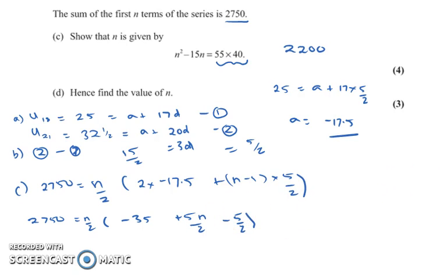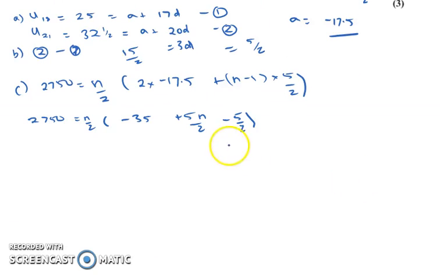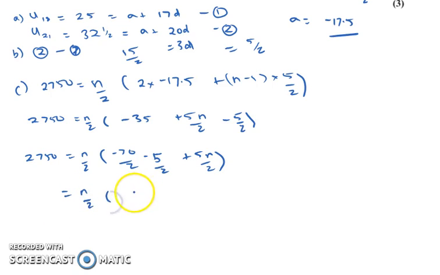Now, if we put them all over 2, this becomes 2,750 equals n over 2 times minus 70 over 2 minus 5 over 2, add 5n over 2. We've got n over 2 times minus 75 over 2, add 5n over 2. If we bring out this 2 that's in the denominator, we've got n over 4 times minus 75 add 5n.